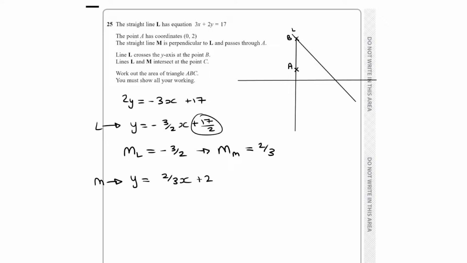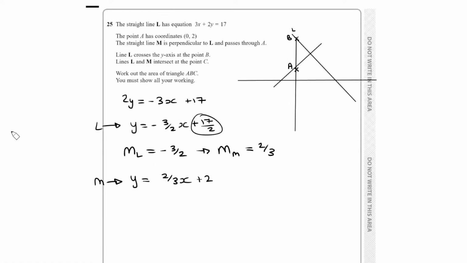Now, that one is perpendicular, but goes through A, so when I was drawing it, obviously make sure that that goes through. Something like that, isn't it? And they've said where L and M intersect is point C, so this is point C here. This is the area that we want, right? So that's why I just draw it.